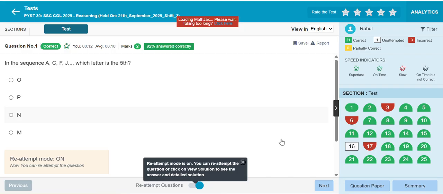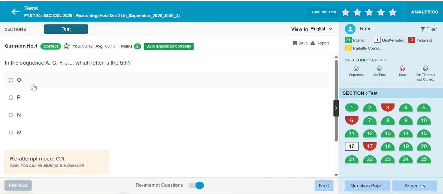Let's check the questions which were asked. Here is the sequence question. Writing down the alphabets in the rough sheet which we will be given would make it easier to attempt this question.